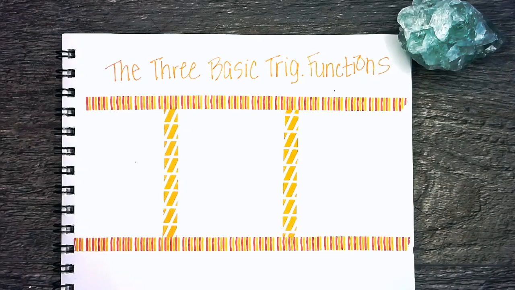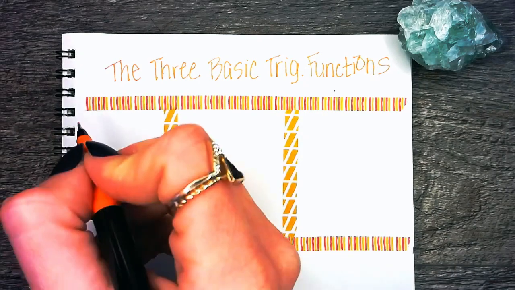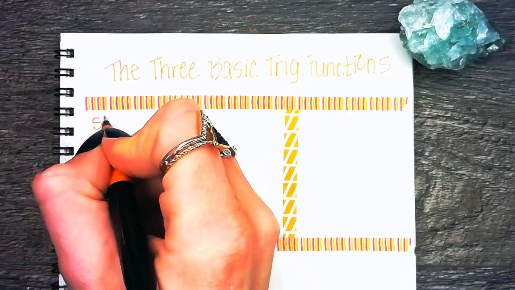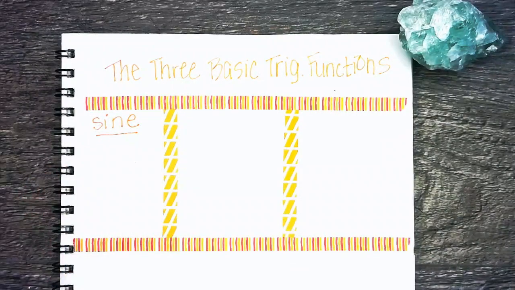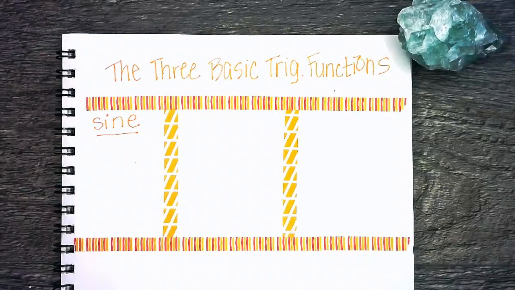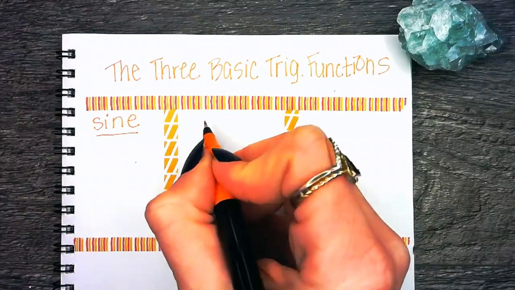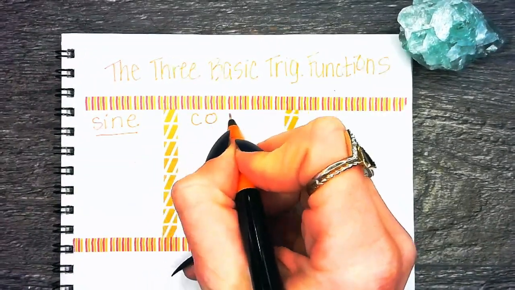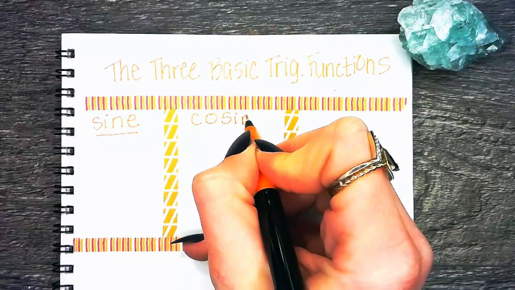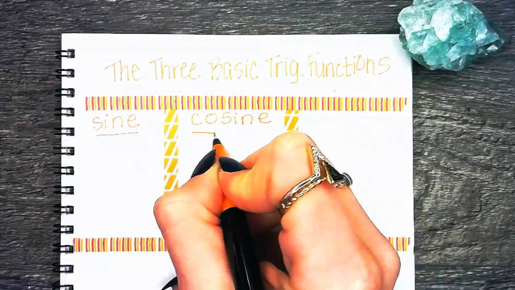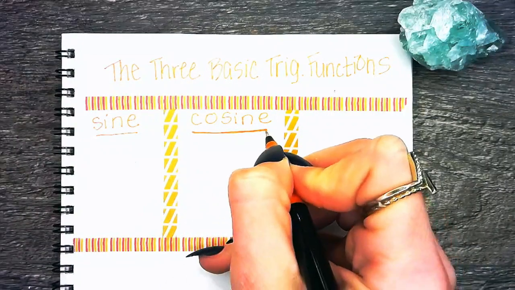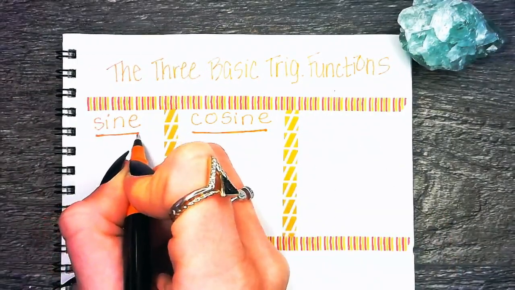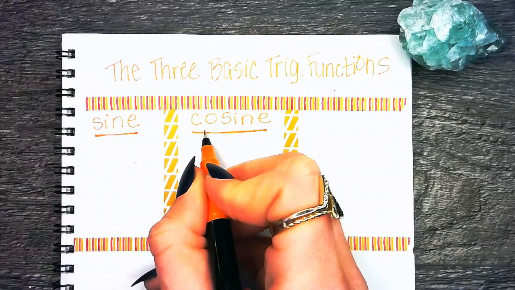The 3 basic trig functions. The first one we just saw was sine. We're going to write out the full spelling of their names first. After sine, we're going to see cosine, and this co in front is the same co we saw at the beginning of the word complementary.